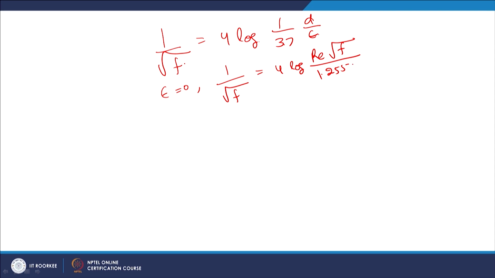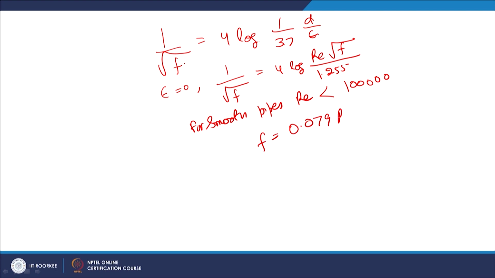Take the help of the previous slides. Now we may take the Blasius approximation. For this Blasius approximation, you can refer to the references. So for the smooth pipe with the Reynolds number less than 1 lakh, F is equal to 0.079 Re to the power minus 1 by 4.